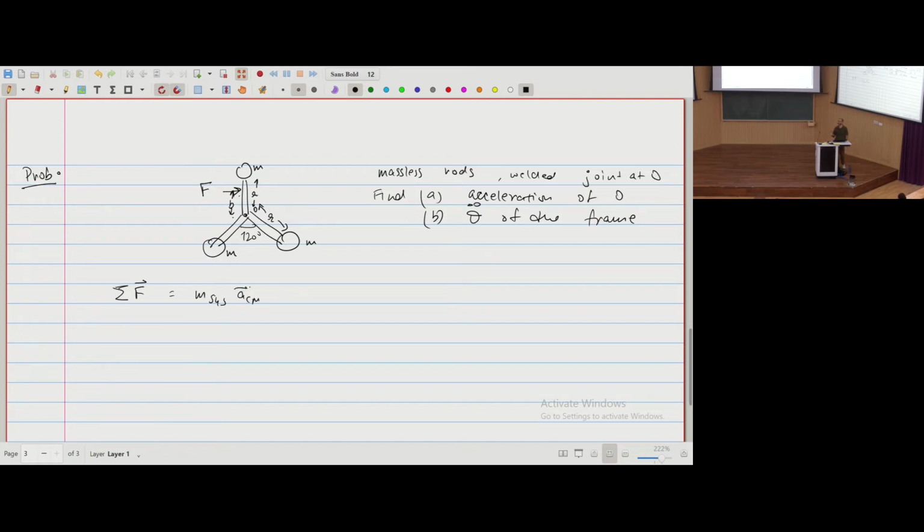It's a welded joint, and the relative particles are not moving with respect to each other, so the center of mass is at O all the time. So the only force acting is F in the i hat direction. The mass of the system is 3m, and acceleration is what we have to find for center of mass, which is nothing but the point O.